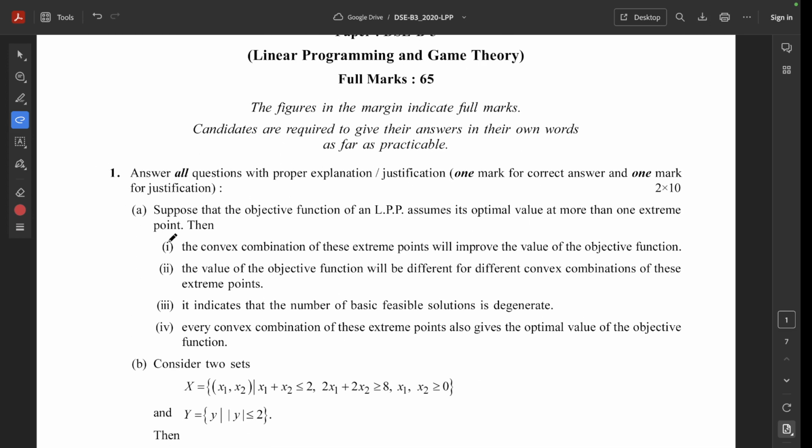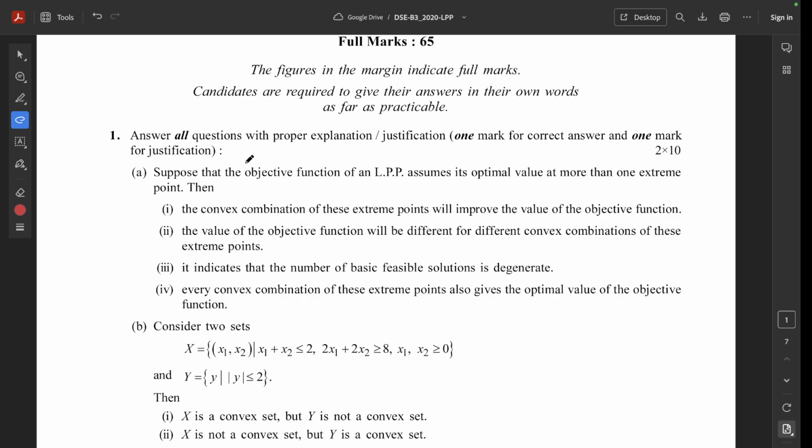Question 1a. Suppose that the objective function of an LPP assumes its optimal value at more than one extreme point. Then, what is the correct option?